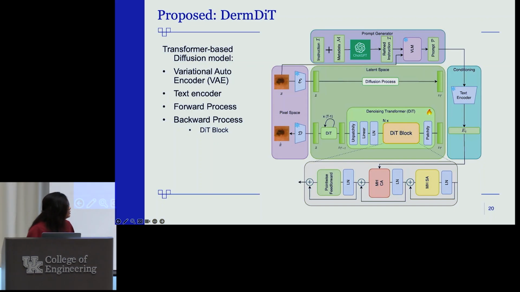This DiT block has multi-head cross attention, which uses the embedding from the text encoder so that the image will have the information from the text embedding, and it will generate the corresponding image. After generating this latent embedding, it will go through the VAE decoder to convert it back from the latent dimension to the pixel space.